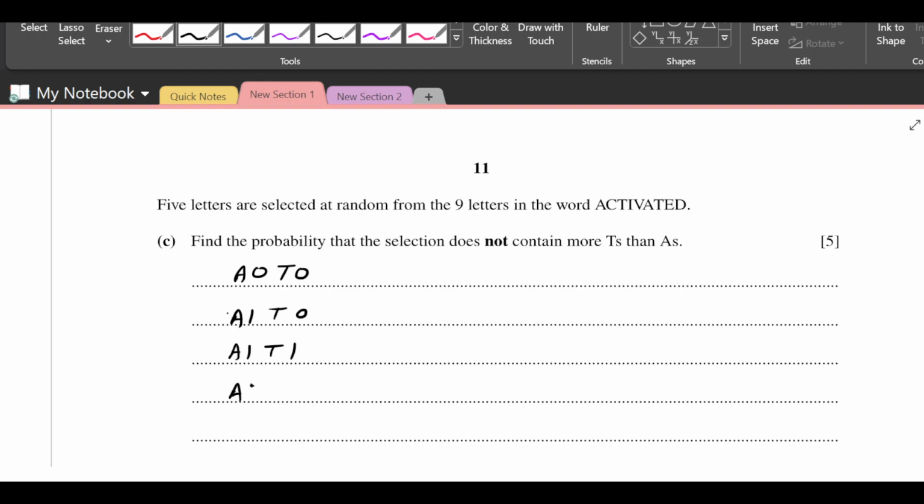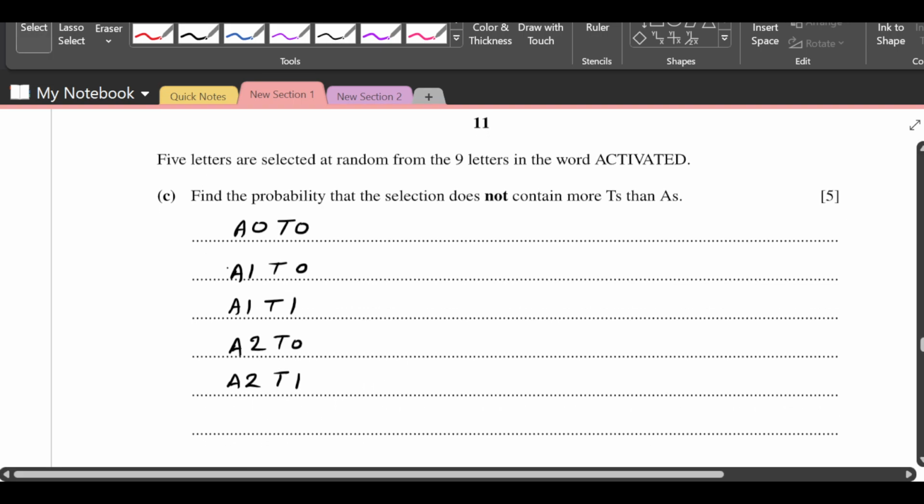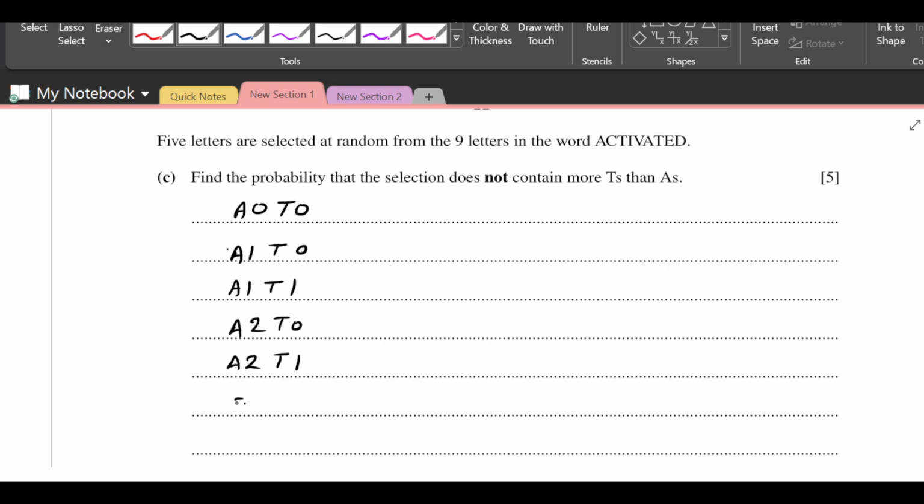Then I have A2, T0, A2, T1 and A2, T2. Okay. So first condition when I have no A, no T.